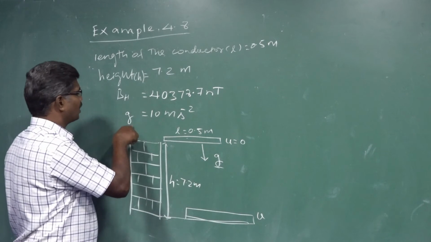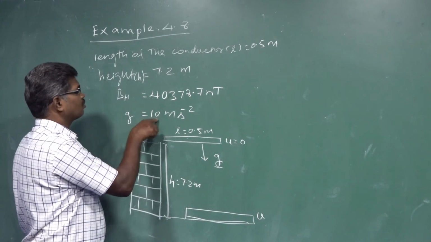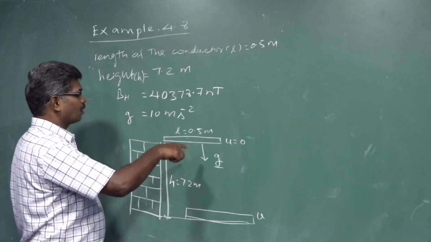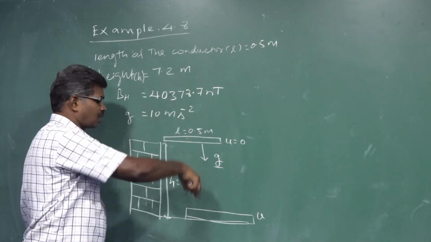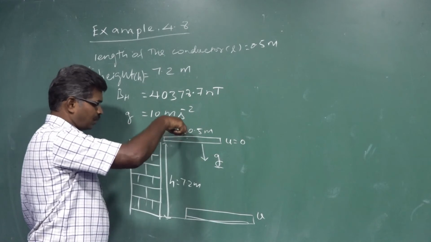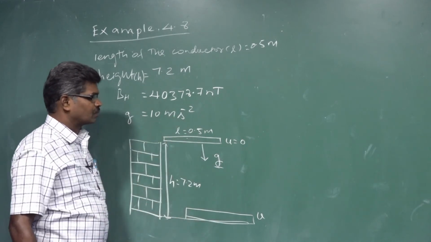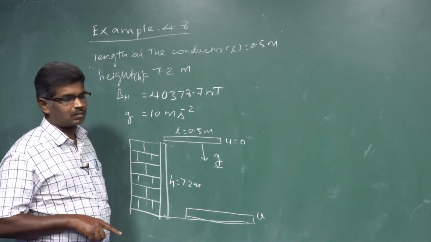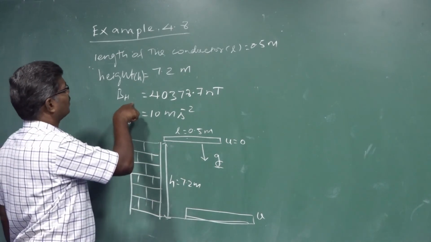That value is given in our problem. g is equal to 10 meter second power minus 2. Anyhow, at the time of moving the rod from the top of the building to the ground, it is moving in our earth's magnetic field. That earth magnetic field value is given.